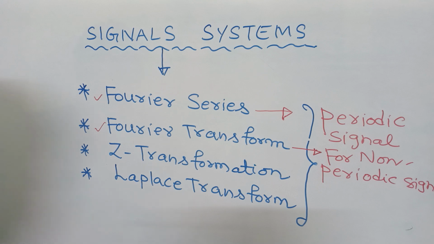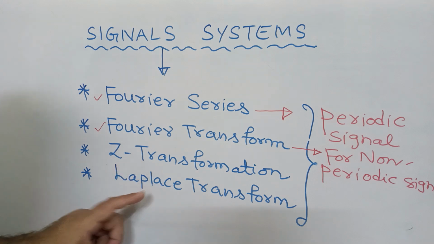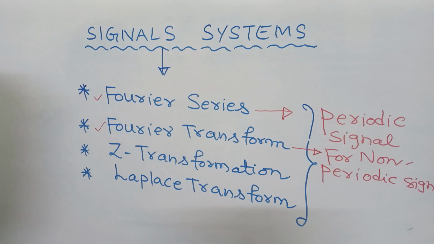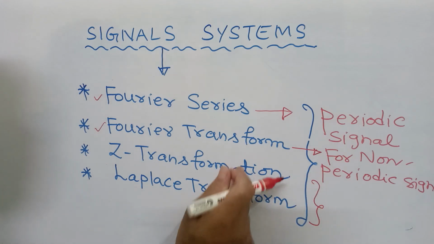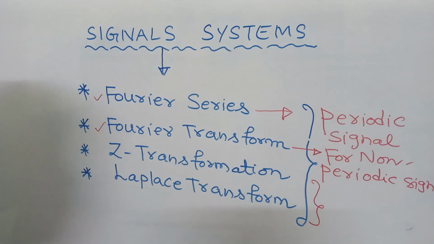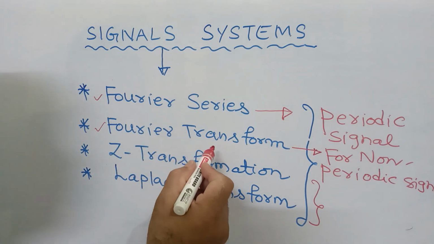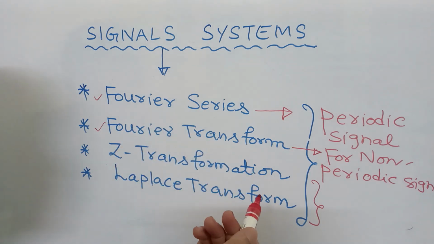Whereas the Z transformation, as well as the Laplace transformation, are special tools. These are special types of transformations needed where the Fourier transform is not sufficient to study the characteristics of a signal.